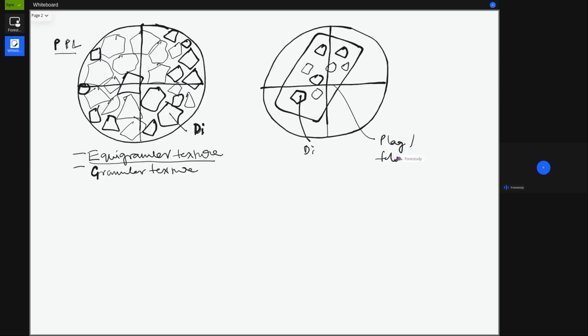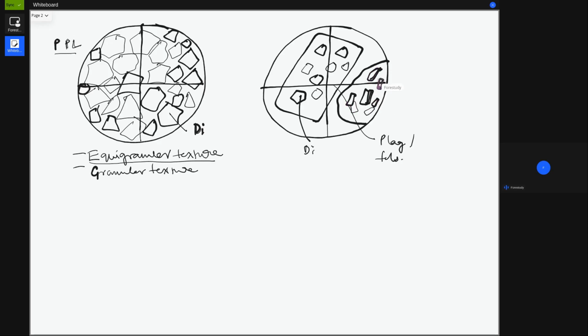It can be a big pyroxene crystal, and inside you will find laths of feldspar like this.